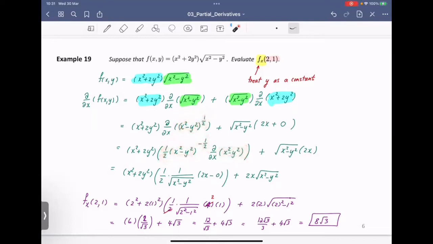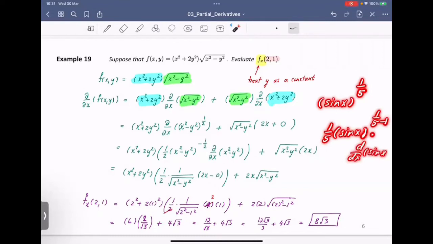Like remember in Cal 1 when you differentiate, let's suppose you want to differentiate sine x to the 1/2. What would you do in Cal 1? So you're gonna do 1/2, and then you keep sine x, and then you do 1/2 minus 1, right? And then you have to differentiate inner function as well. So which means you have to multiply, differentiate sine x. Because this is the inner function, this is not just x.